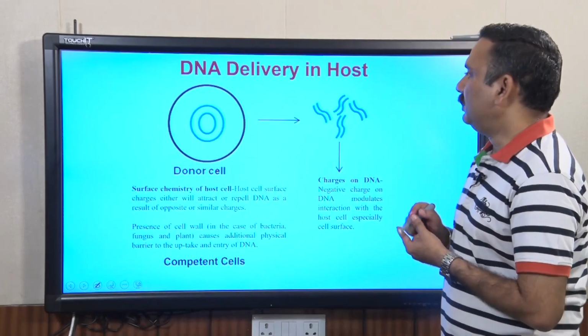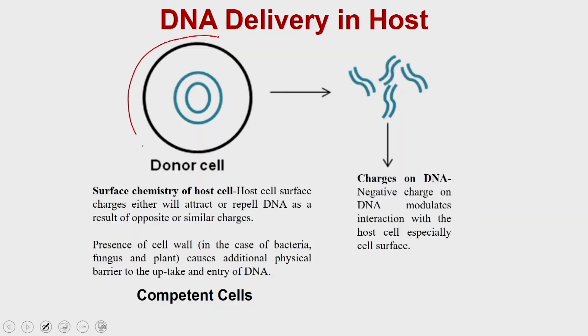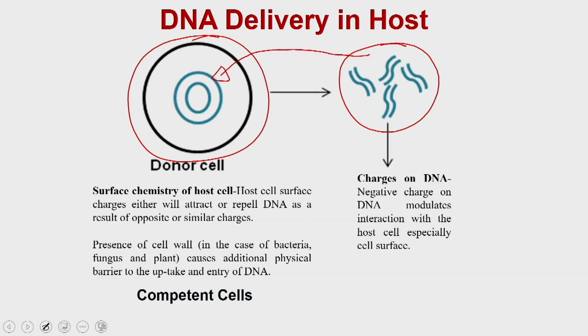So, as I said, you have a host cell, and you have the recombinant DNA present outside. The goal is that you take this recombinant DNA and put it into the host cells.